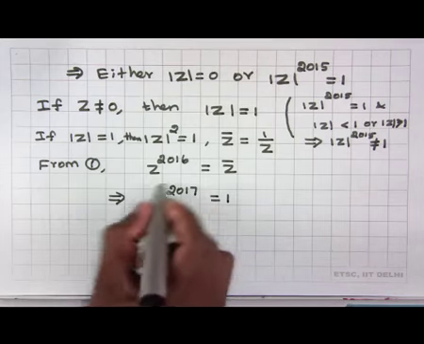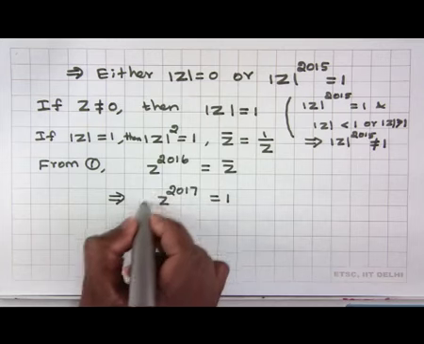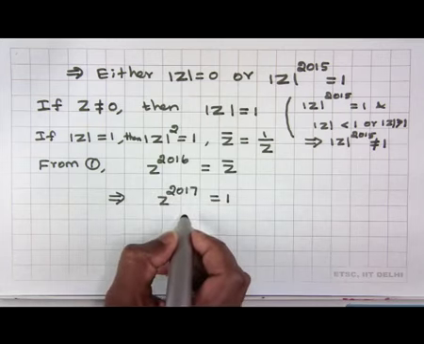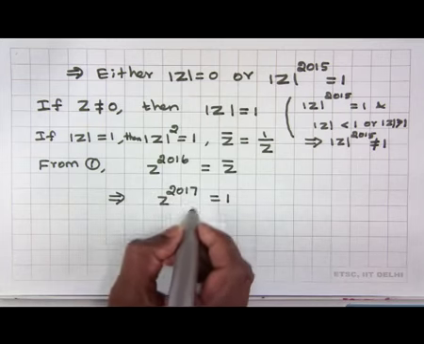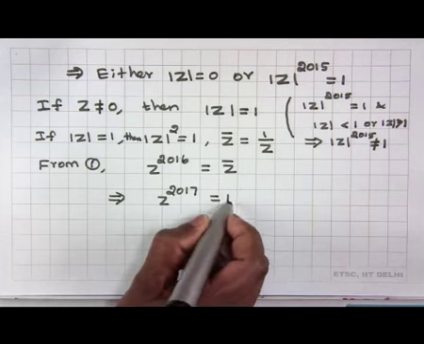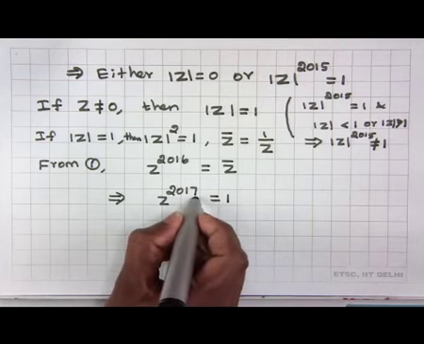and we know what are all the possible solutions for this equation. This is nothing but the nth roots of unity where n is 2017.